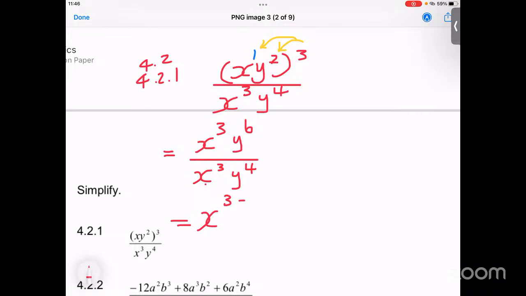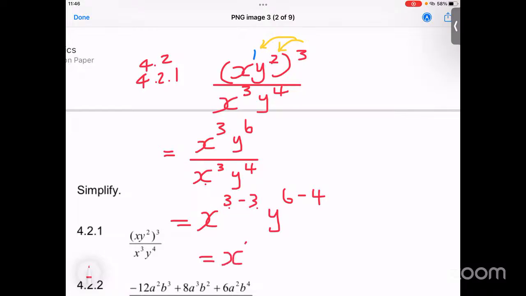You know that when you are dividing the same bases, you subtract their exponents. And then this y at the top, to the exponent of 6, you will minus that 4, because it is at the bottom, and when it goes to the top, it changes the sign, it becomes a minus.